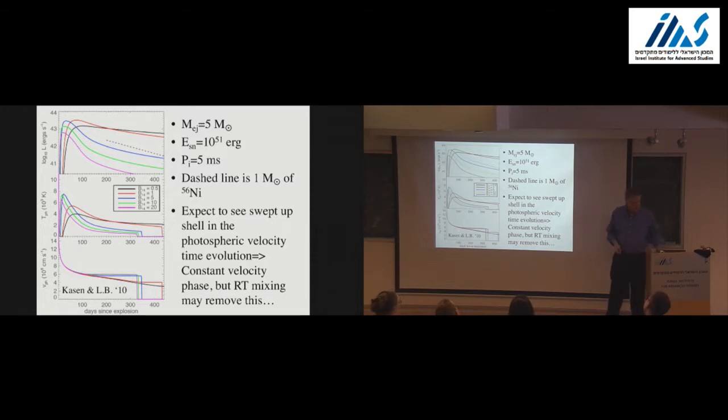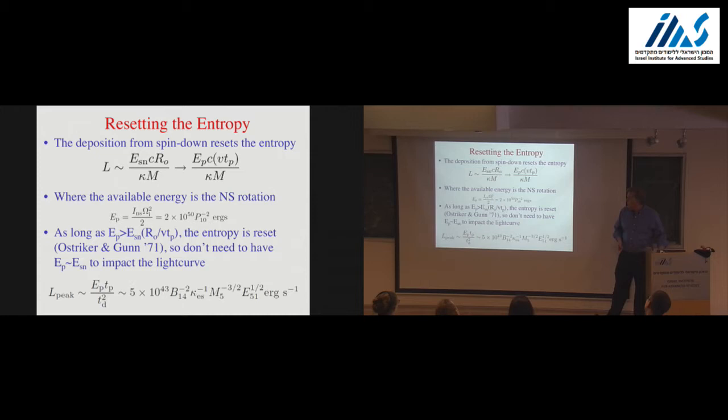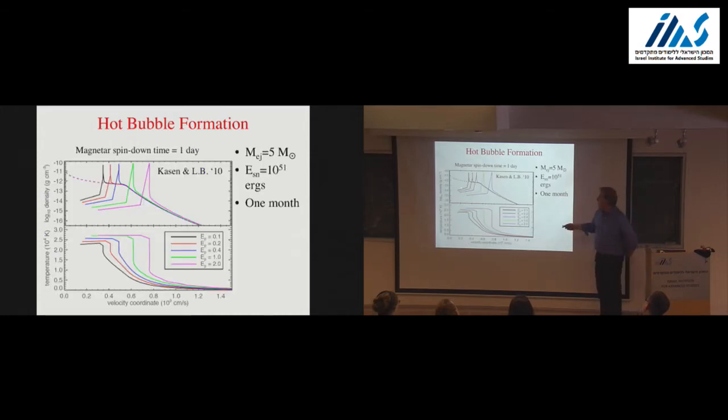If I go back to here, you can see that I've swept up all of the low-velocity material that would have been moving at low velocities deep in the interior, swept up by the energy injection from that pulsar wind. Okay? And so I get a lot of stuff at a finite velocity. This is obviously Rayleigh-Taylor unstable. Okay?